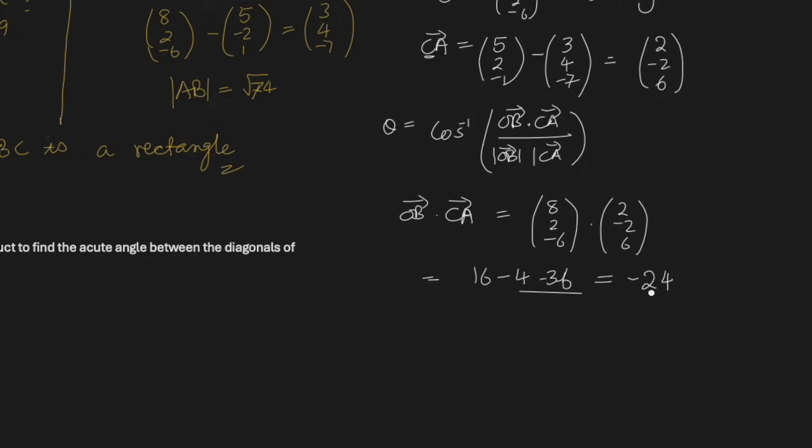That means we are going to get an obtuse angle. Negative gives us an obtuse angle.